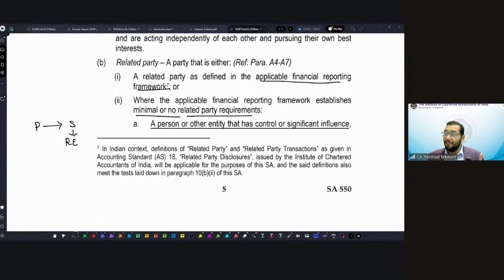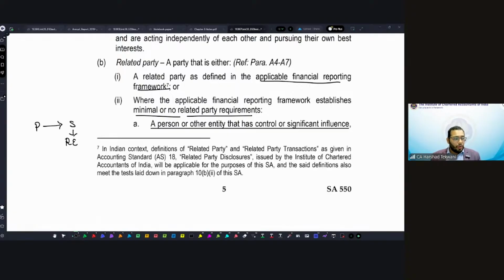Number two, whether the financial statements provide a true and fair view and are not misleading, and whether the disclosure as per the applicable financial reporting framework is carried appropriately or not. Are you understanding the point? So that's why it becomes very crucial to understand the financial reporting framework, arm's length price, and the objective of the auditor. Why do we want to go into this? What is the reason?